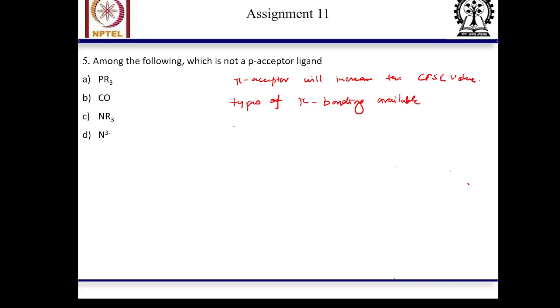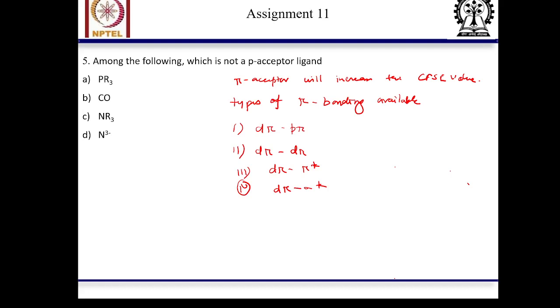The first one is d pi p pi. Second one is d pi d pi. Third one is d pi pi star. Fourth one is d pi sigma star. Right, so now the question is here.